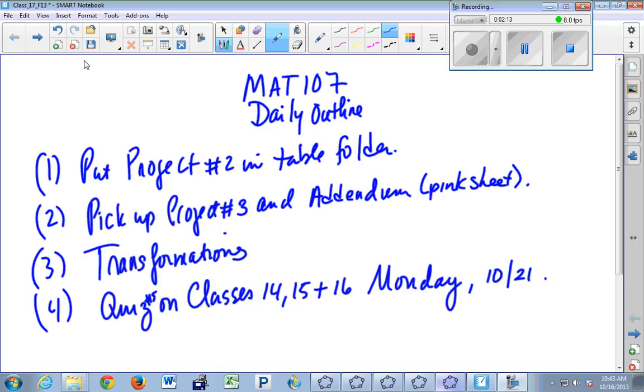They're used a lot, and you should have a good sense of what parent functions are in your mind before you even think about graphing them. So what do we refer to as parent functions? On this pink sheet, you'll see 6 common functions, and these are what we refer to throughout Project 3 as your parent functions.